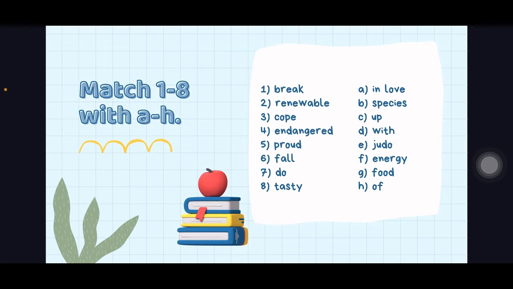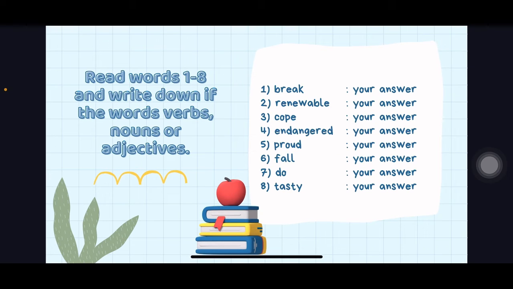Before you match the words, let us look at this slide. You will listen to me read the words from 1 until 8, and you need to repeat after what I have said. The first word is break.